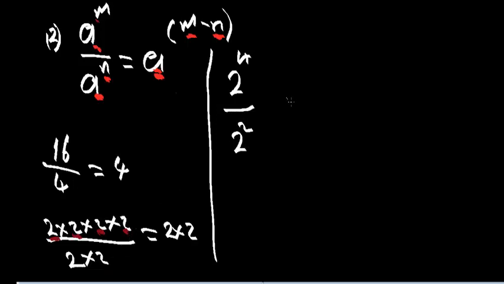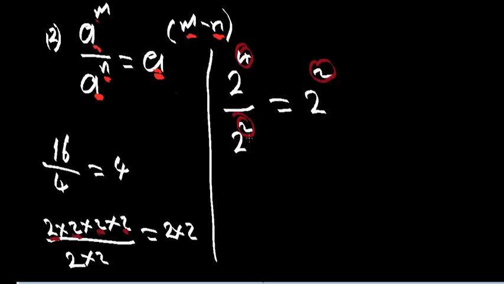And then this is equal to the answer that we had, which is 4, which is also 2 exponent 2. Now at this point, by observation, if we look at the index here, it is 4. Then the index here, it is 2. And then the index of the answer is also 2.